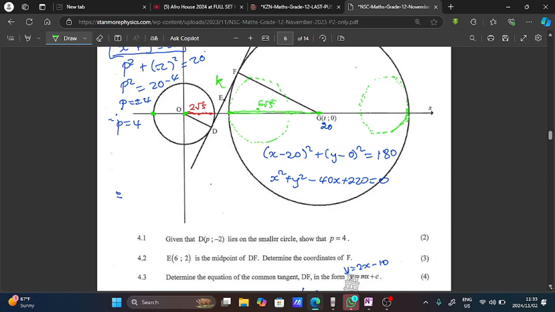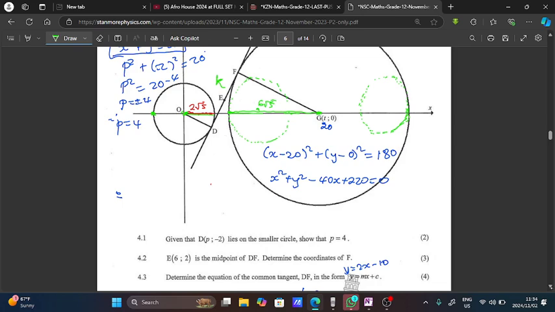Okay, then how many units from the center of this smaller circle up to T or G here? It is 20 units. So from here to here is 20 units.